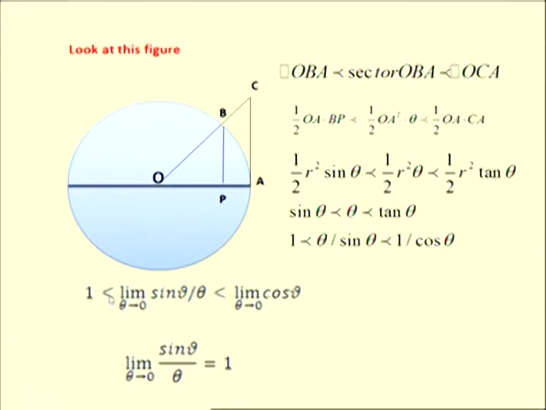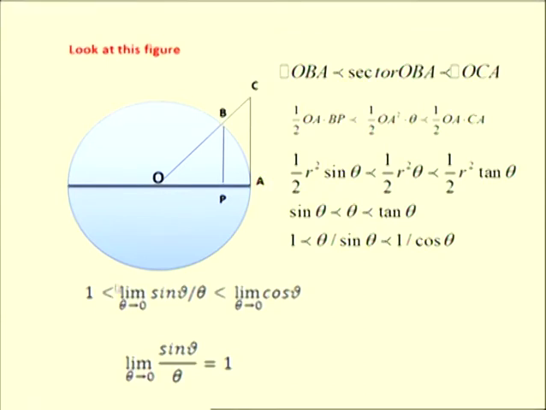So 1 is less than limit theta tends to 0 sine theta upon theta, and is less than limit theta tends to 0 cos theta, and when theta tends to 0, cos theta becomes 1. So we can write that some expression is greater than 1 and less than 1.